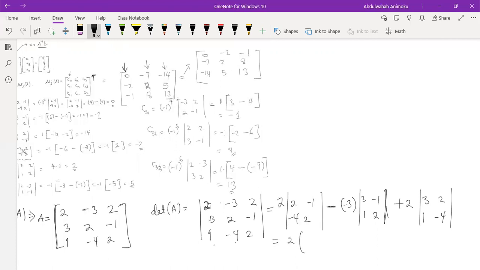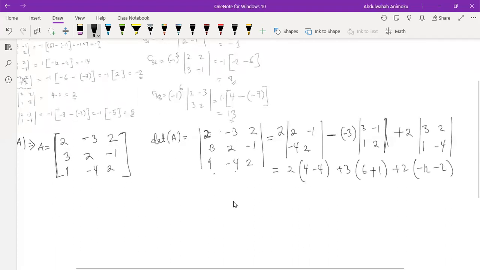So this is 2 times 2 is 4, minus plus 4. So this will be 0. Then minus times minus plus 3, it was this determinant: 3 times 2 is 6 minus 1. That's plus 1, right? Then plus 2 times, that's minus 12, minus 2, that's minus 14.